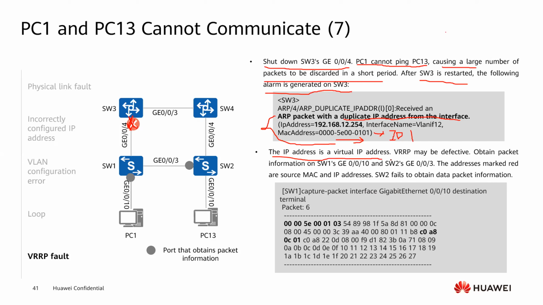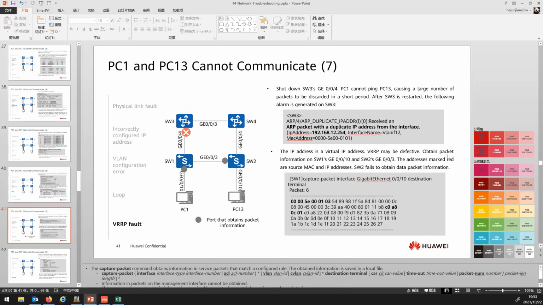So VRRP may be defective. So we obtain packet information on SW1. The address is marked here in bold.